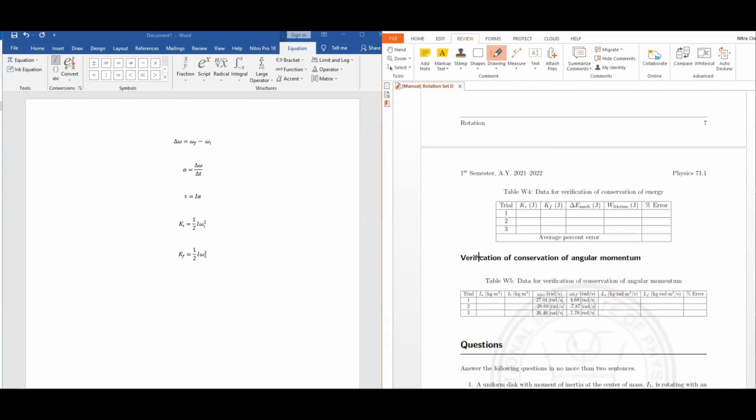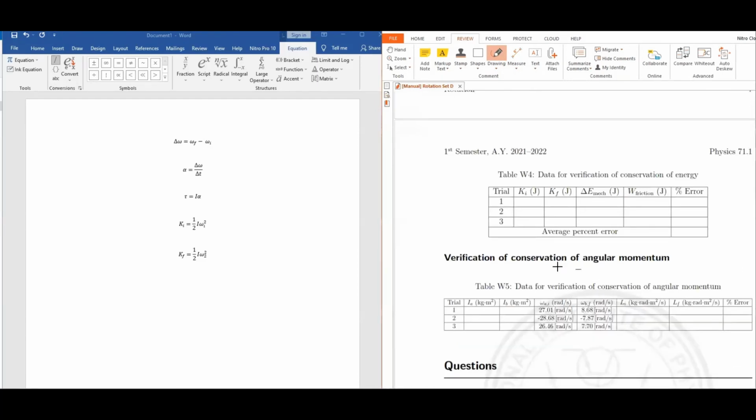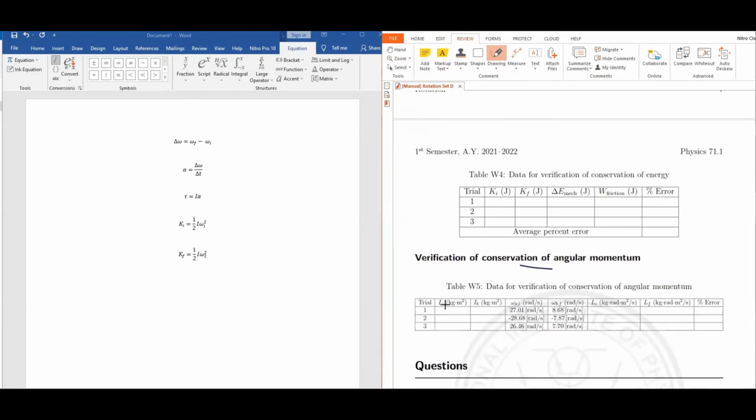So lastly, you have your verification of conservation of angular momentum. Ito naman, you have your IA and IB. Actually yung disk 1 and disk 2 na ito, or disk 3 pala, sorry. So ilalagay nyo lang dito yung moment of inertia nila na nakalculate nyo earlier.